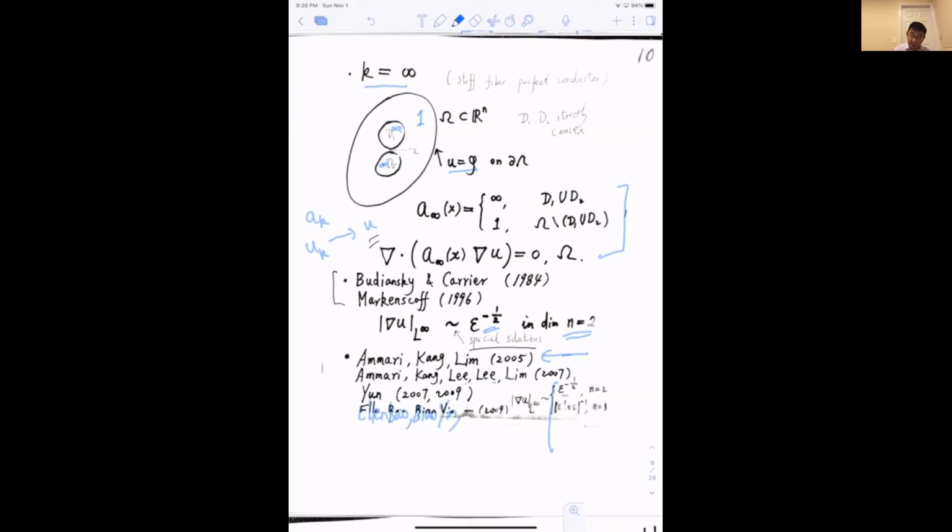And in 3 dimensions, it's epsilon log epsilon. And for n greater than or equal to 4, it is epsilon to the minus 1. So that's the rate. Namely, you always have a bound from above by this rate. And there are also examples, phi, where the rate will be exactly that. So those are optimal rates.